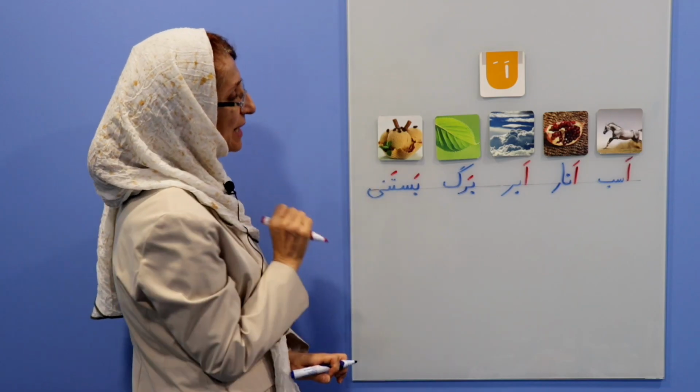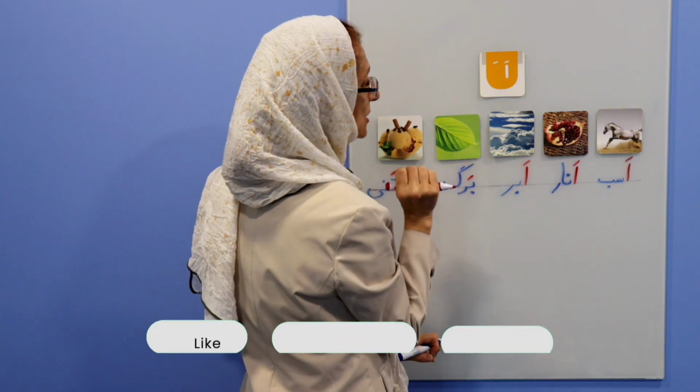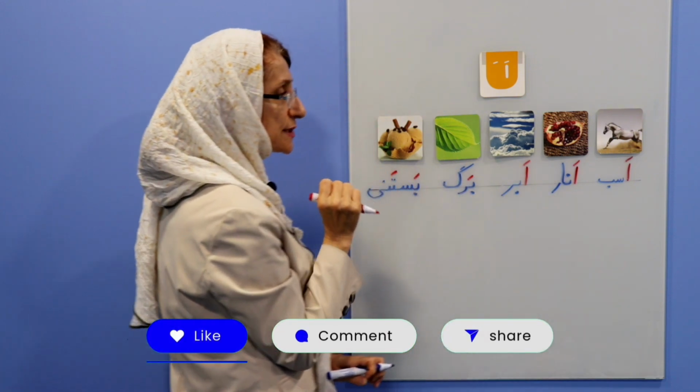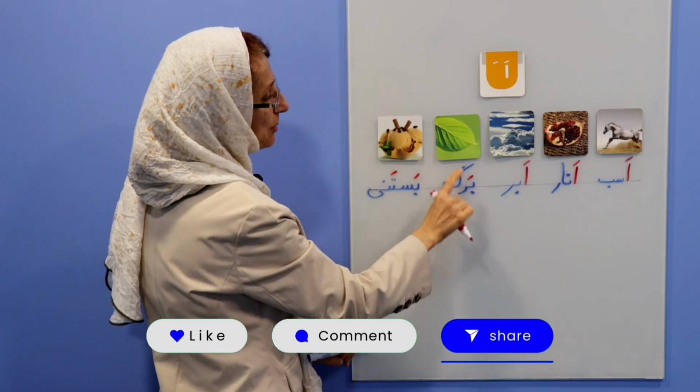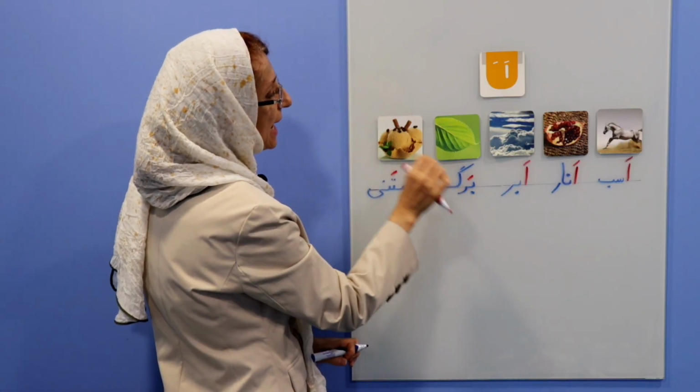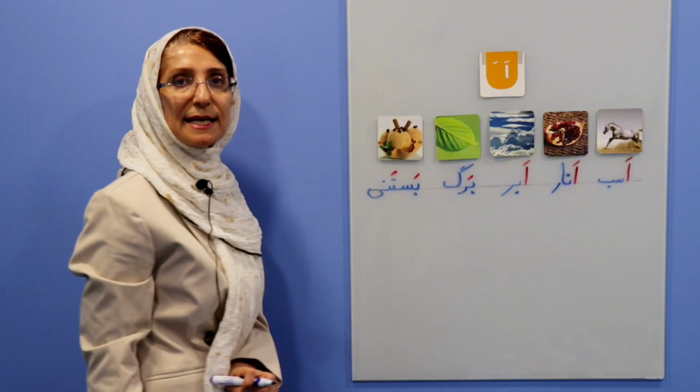Bastani. So, asp, anar, abr, you see A أول at the beginning, and above the B sound, berg, bastani, you see A غیر اول.